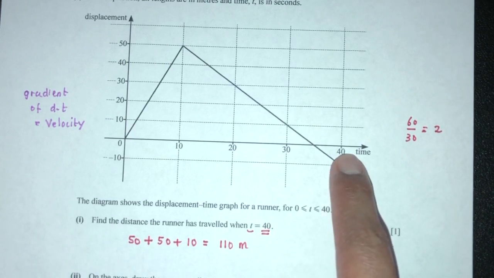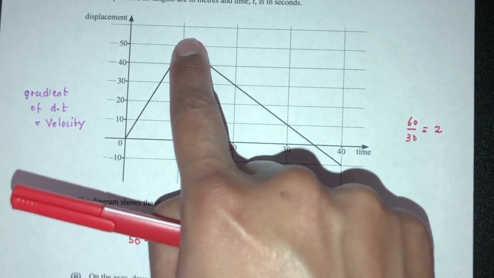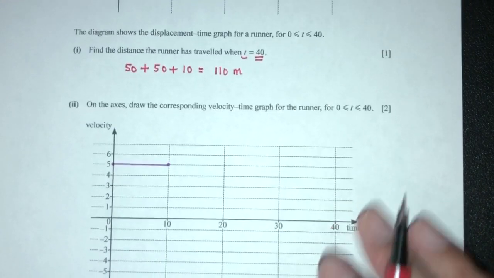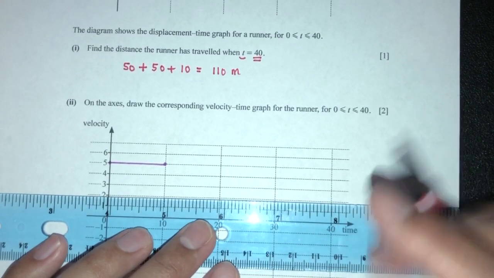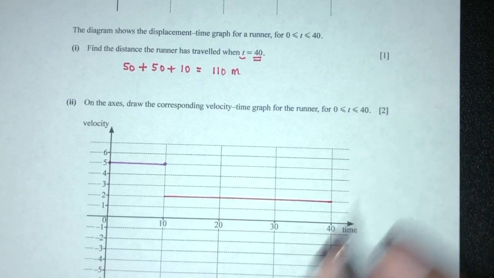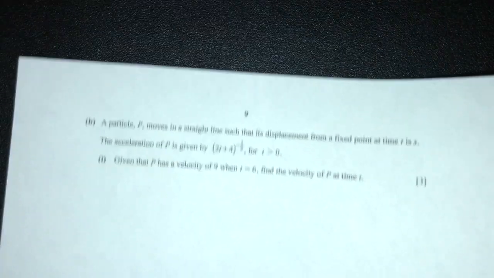Because here 40 minus 10 will be 30, that's the base. Height will be 50 minus 10, which is 60. That'll be 2. So 2 will be somewhere over here. So 10 to 40 will be here. And that will be your VT graph. And that is your question, part A for question 7.